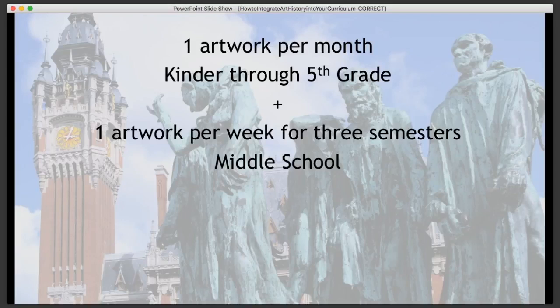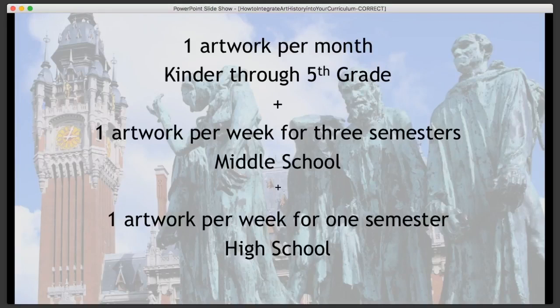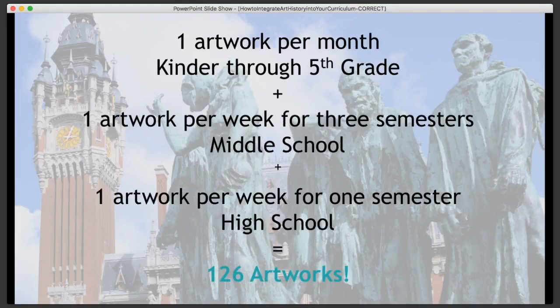But say they have 3 semesters of art and we make it down to 1 artwork per week for a semester. And then in high school, maybe they do just 1 semester of art and we look at 1 artwork per week there. Adding that all together in the span of a child's education, they will have spent time with 126 works of art.